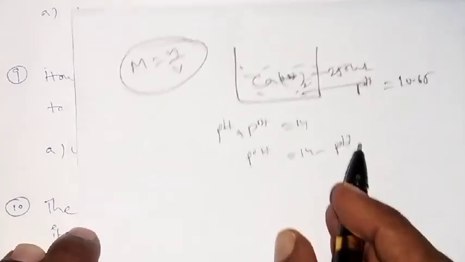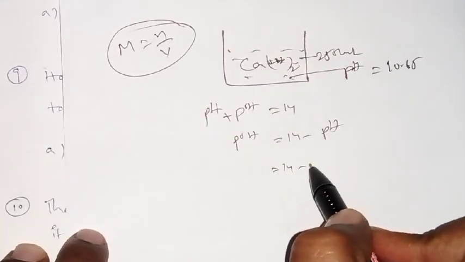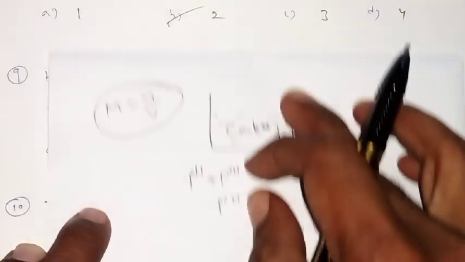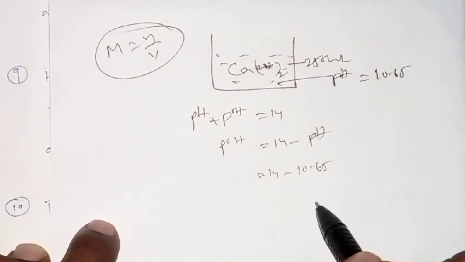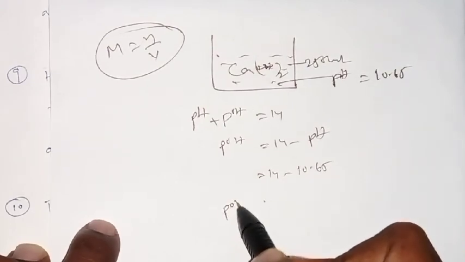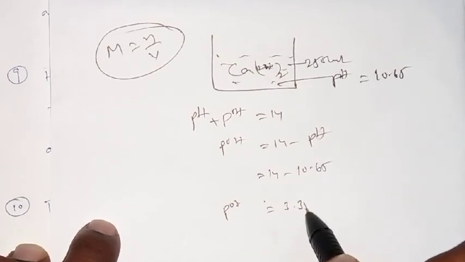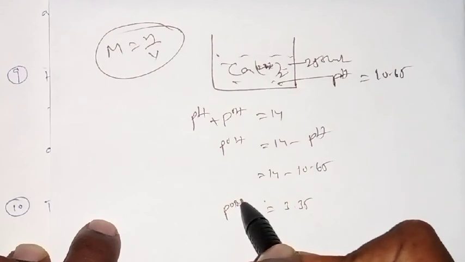Now 14 minus pH value, how much given? 10.65. If you subtract here, you'll get 3.35. So pOH equal to 3.35.